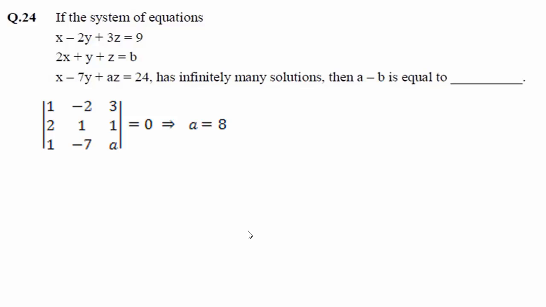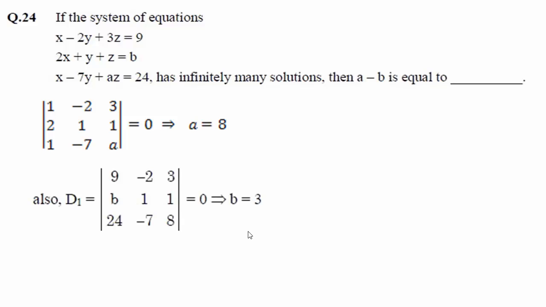This implies a equals 8. And the determinant (9, -2, 3), (b, 1, 1), (24, -7, 8), that is replacing the first column by the right-hand side elements, equals 0. This implies b equals 3. Hence a - b equals 8 - 3 equals 5.